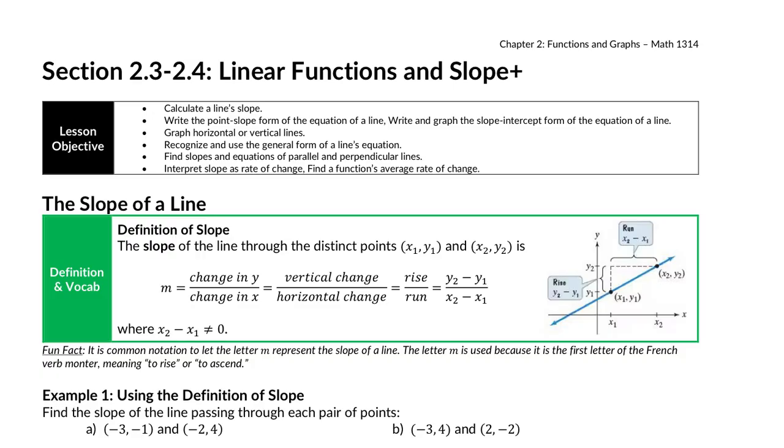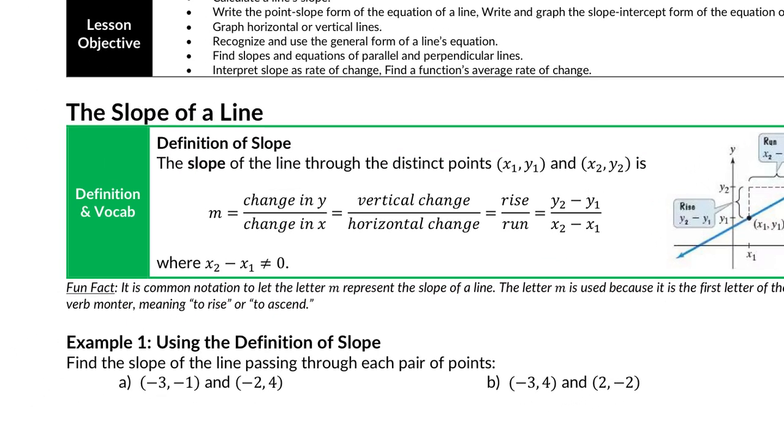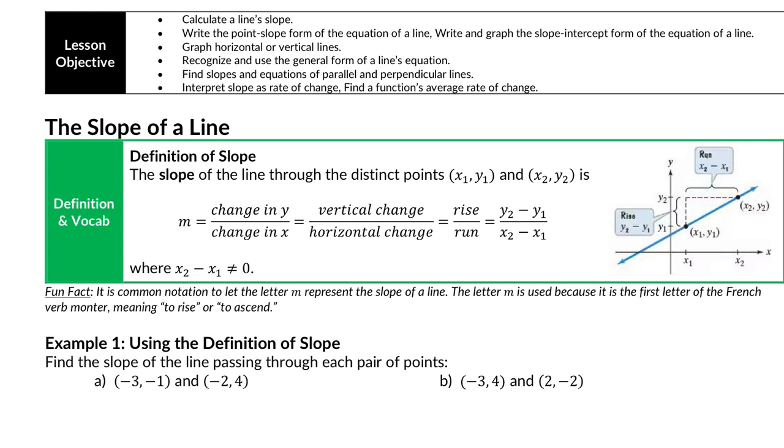Let's start off with the Algebra 1 definition of the slope of a line. The slope of a line through distinct points, x1, y1, and x2, y2, is represented by the letter m, first of all, which, fun fact, you use the letter m for slope because it is the first letter of the French verb monter, meaning to rise or to ascend.